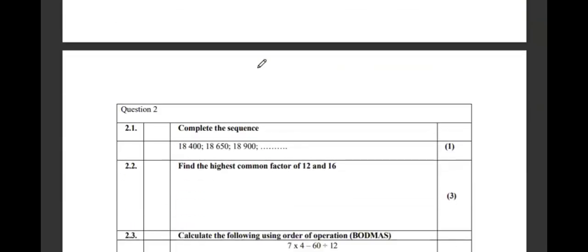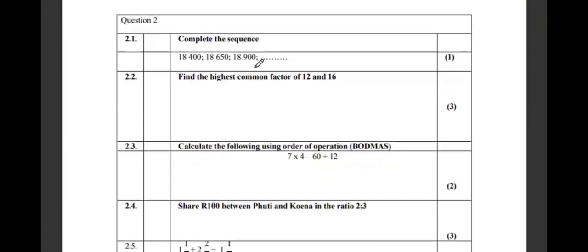Then we move on to question number 2. They want us to complete the sequence, what is happening with this sequence. So you're seeing that everything just starts with 18. Okay, so I'll ignore that 18. Then this is a 400, then I got to 650, meaning that I'm adding a 250 there.